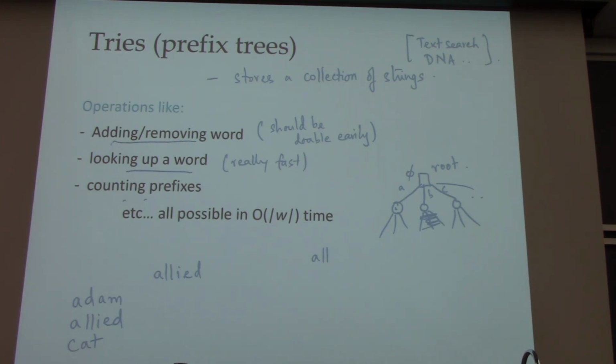I have one for D and one for L. And here I have these and I have again for A and so on. Okay, so this is how I want to store these things.